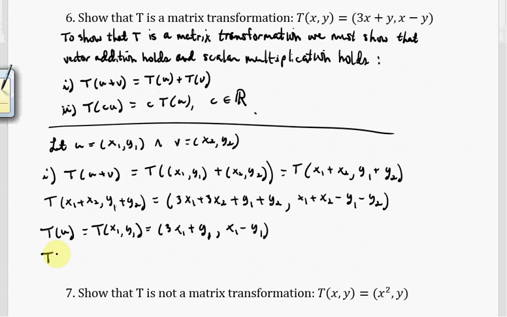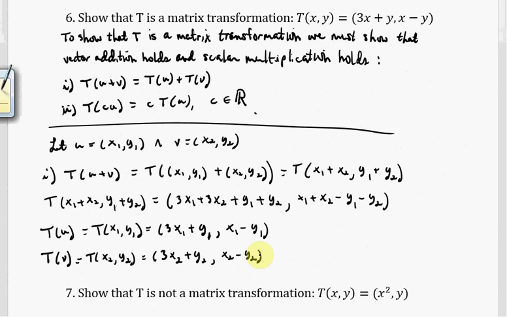Now we have to pull up T of V. This is T of x sub 2 comma y sub 2. So this is 3 times the first term, x sub 2, plus the second, y sub 2, comma, the first term minus the second term.